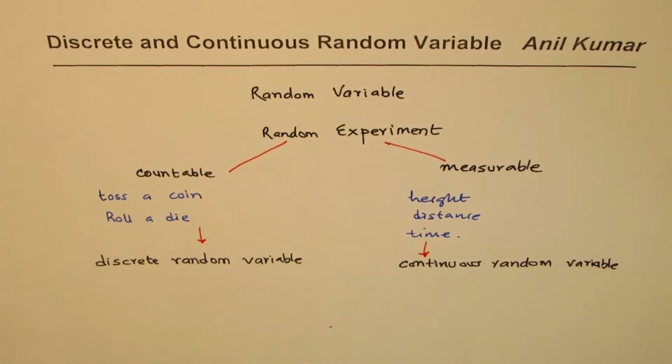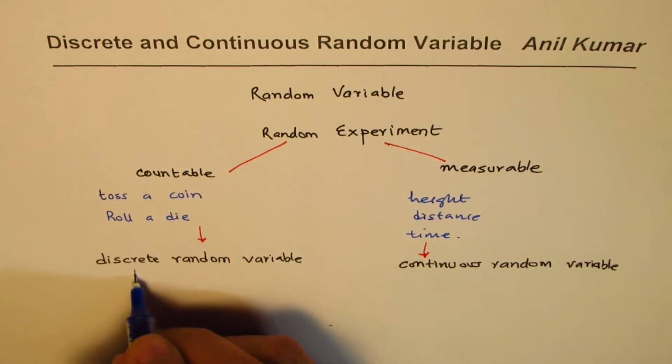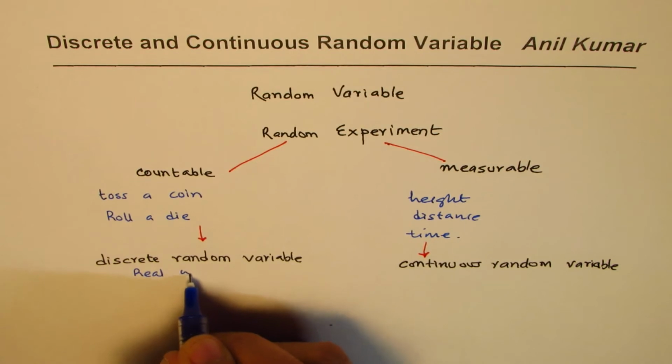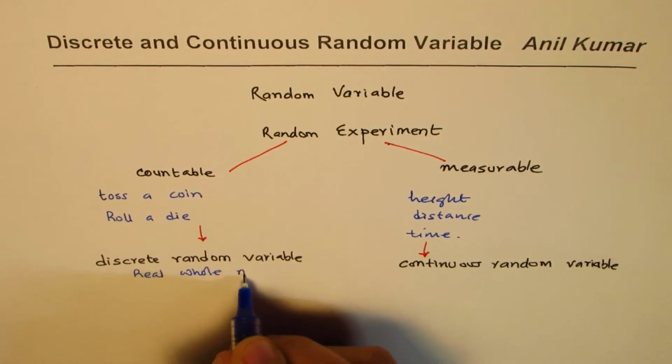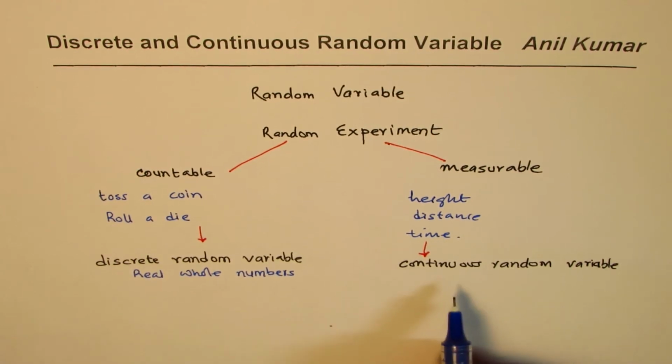I hope this distinction is very clear. Whenever we are working with discrete random variables, we are working with real whole numbers. And in the continuous case, we are actually measuring, so the numbers are within an interval.